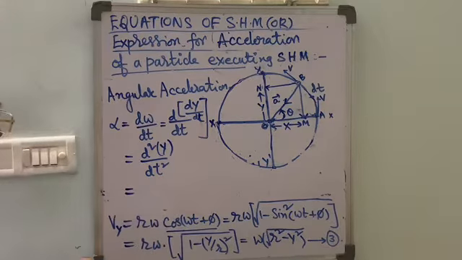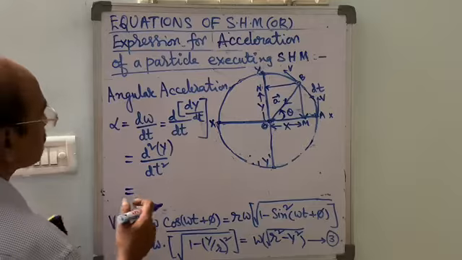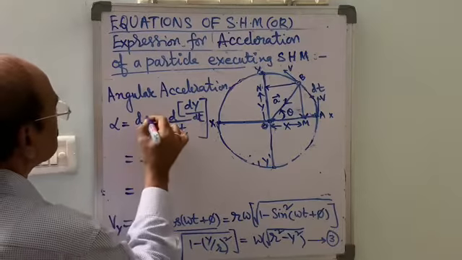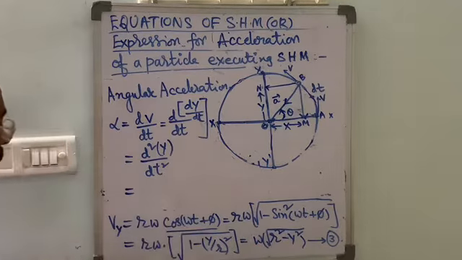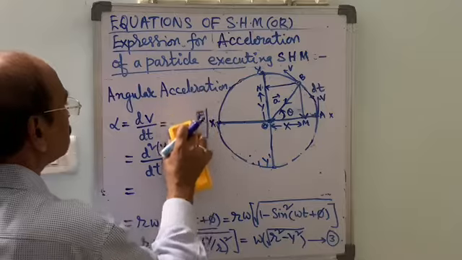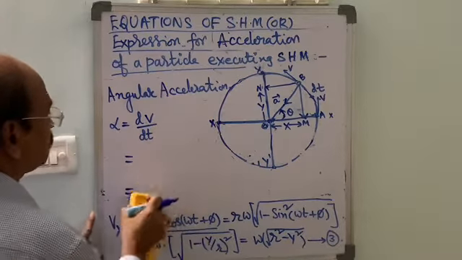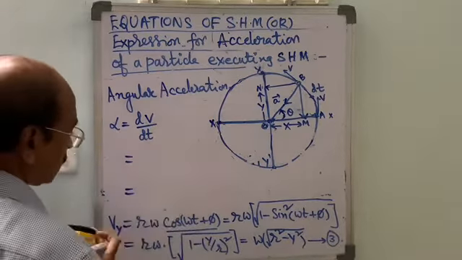Substituting the value of V by R omega cos theta, so here Vy is equal to R omega cos phi. And simply we take the value of Vy.